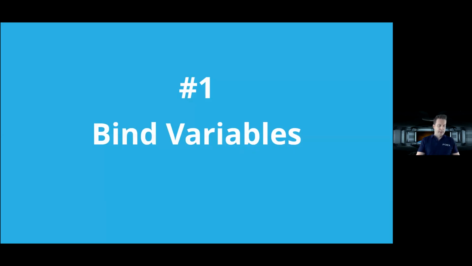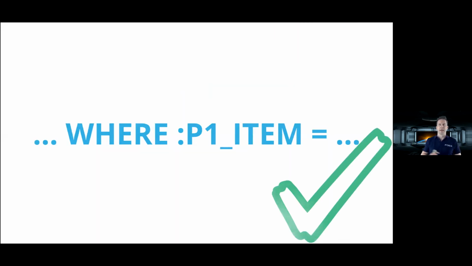Okay, number one, bind variables. What's that? This is what you do and what you should do inside of Apex. Anywhere you have SQL code or PL SQL code, please use the bind notation, like the colon and the item name.